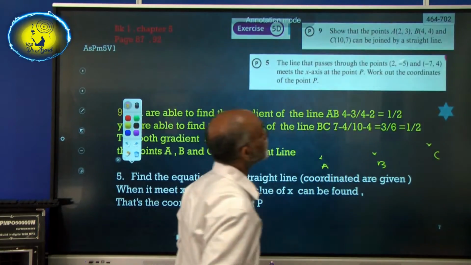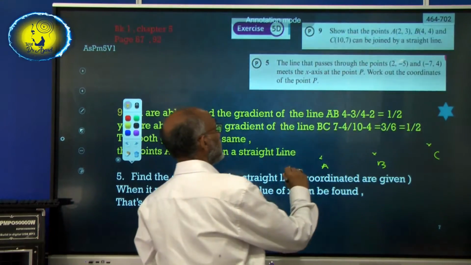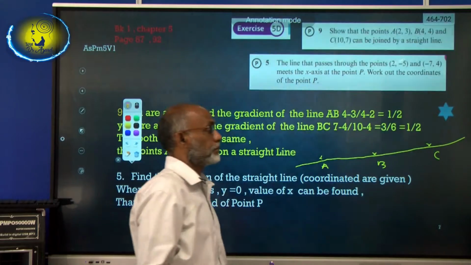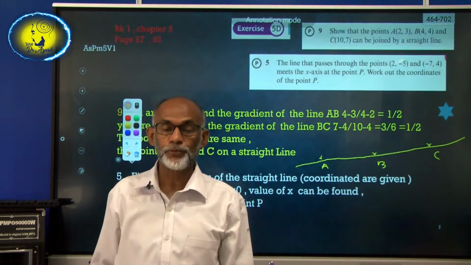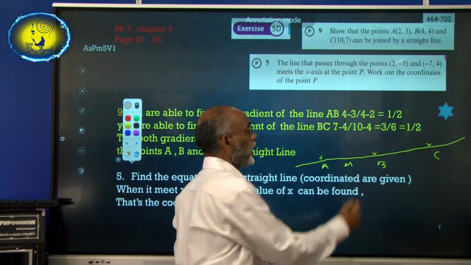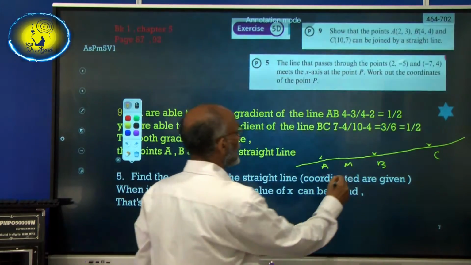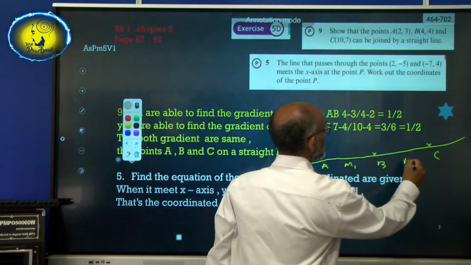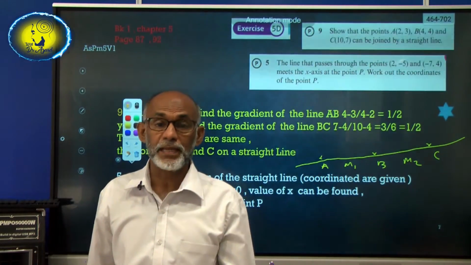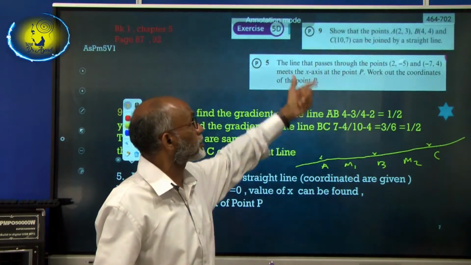To determine whether A, B and C lie on a straight line, what is the mathematical proof we have to show? We have to find the gradient of AB first, and then the gradient of BC. If the gradients are the same, if the slope is the same, we can prove that A, B and C lie on a straight line.